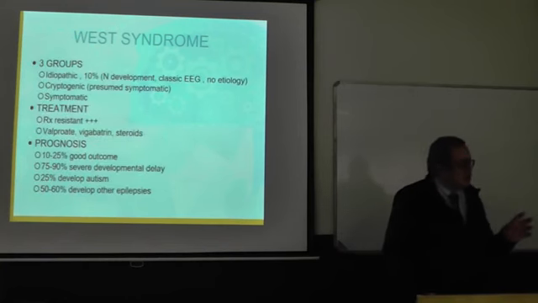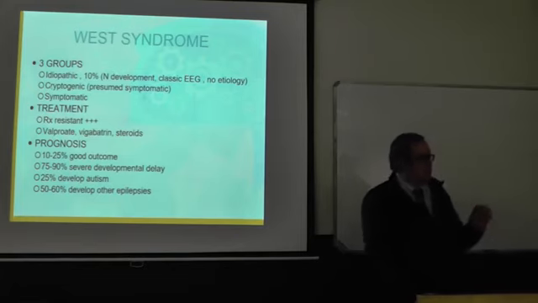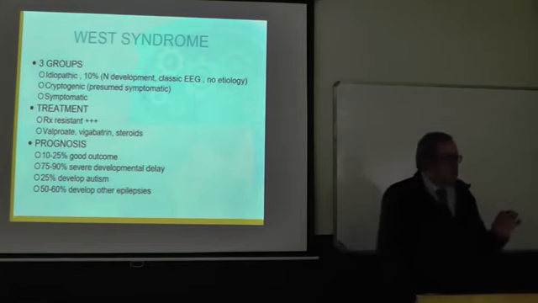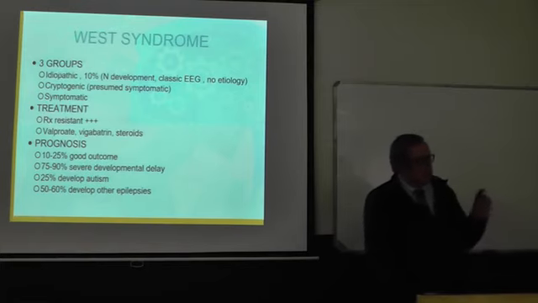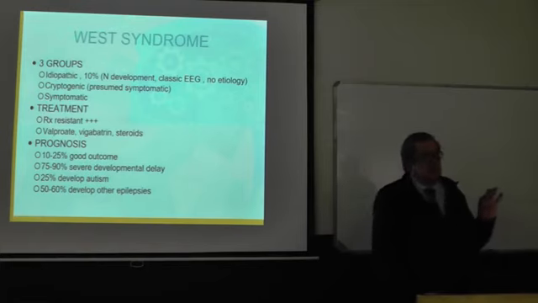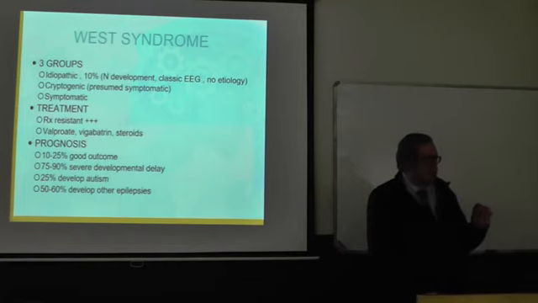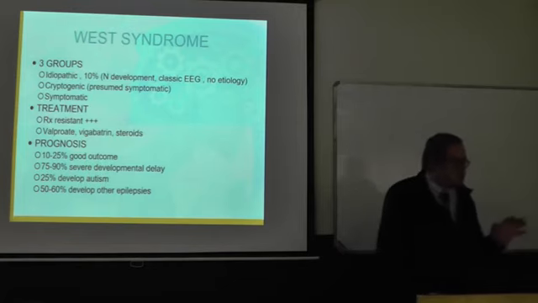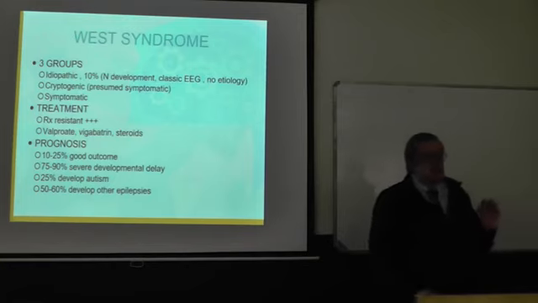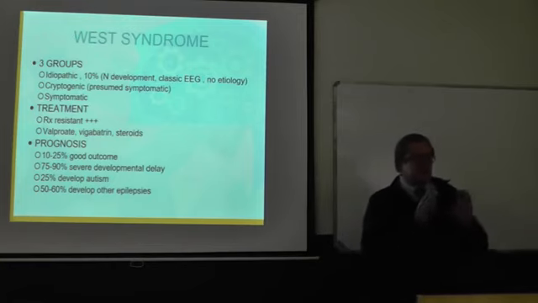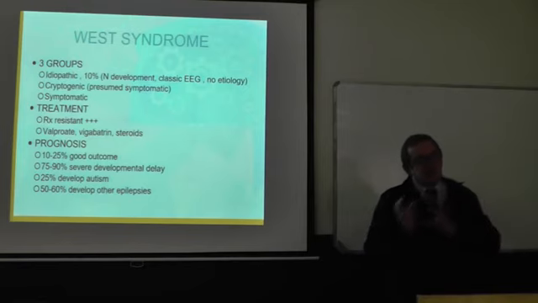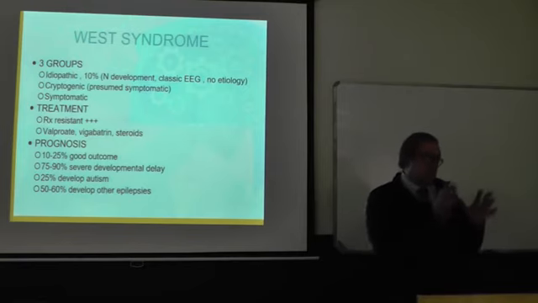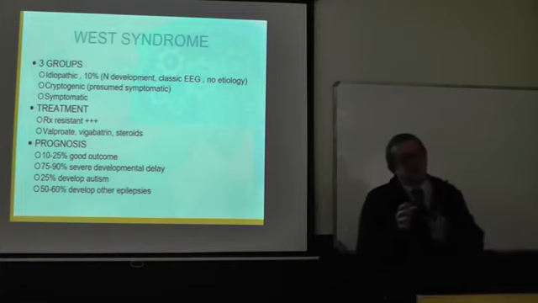So idiopathic, and as I said, this is that old term, presumed symptomatic, and then symptomatic. These idiopathic subtypes do better. It may sometimes be very resistant to treatment, and this is one of the very few cases where the EEG actually guides treatment. So we will often start steroids and then recheck in 2 weeks whether the hypsarrhythmia is improving.